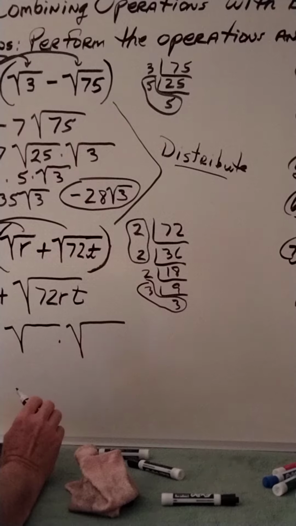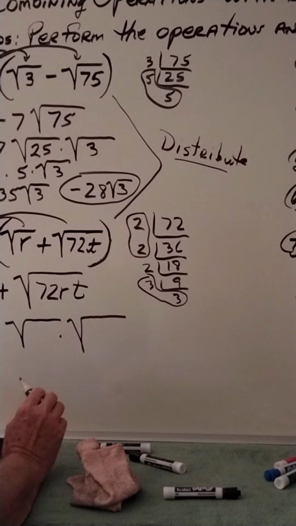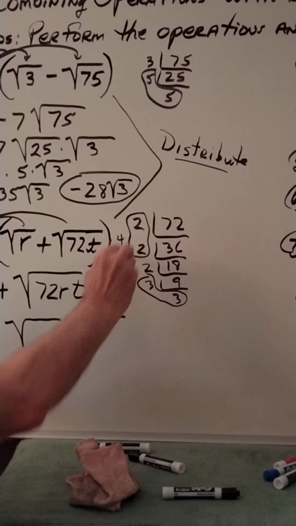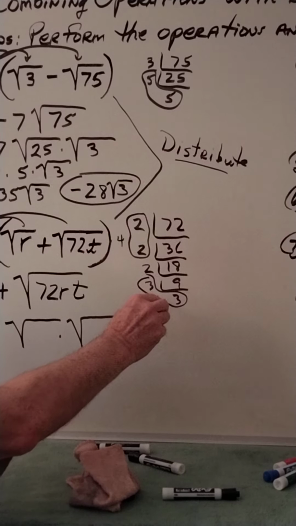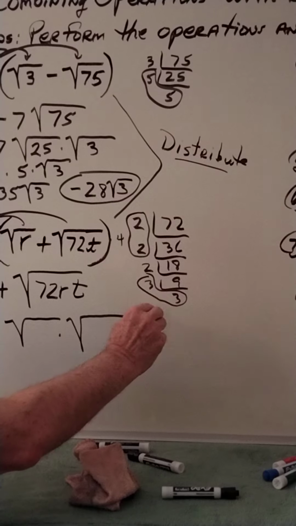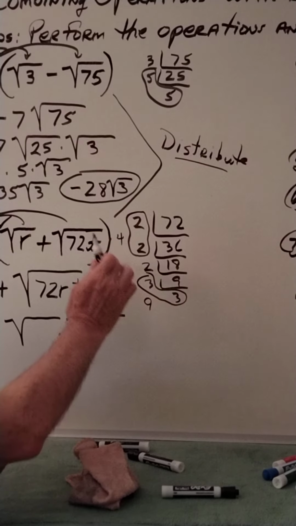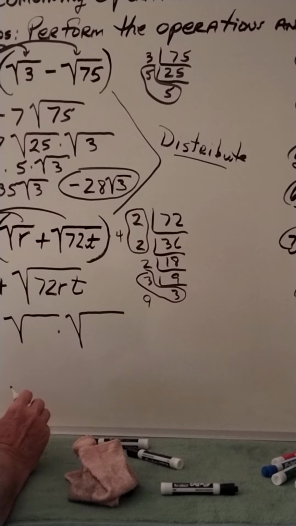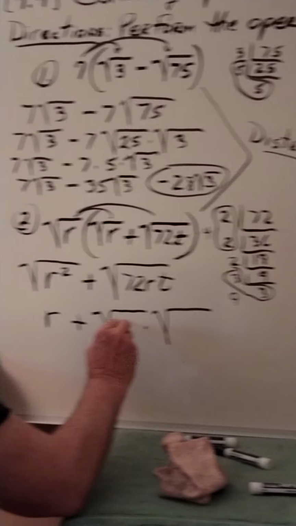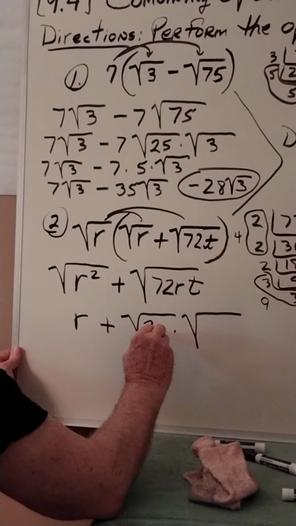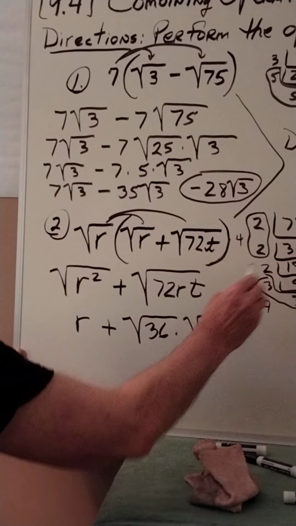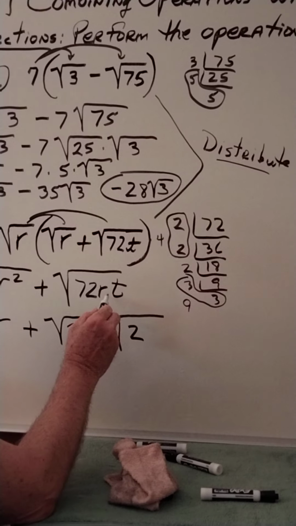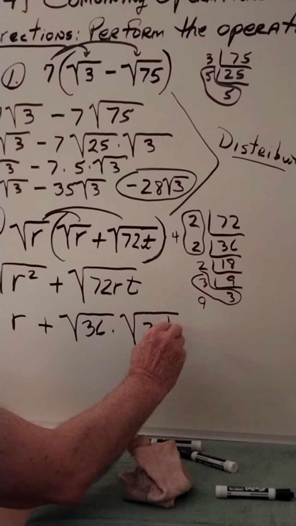Let me do just a little bit of multiplying. Might save us a little bit of time. That pair of 2's gives us 4. The product of these 2 3's will give 9. 4 times 9, 36. 36, the largest perfect square factor of 72. That little leftover 2 is irrational, along with rt.